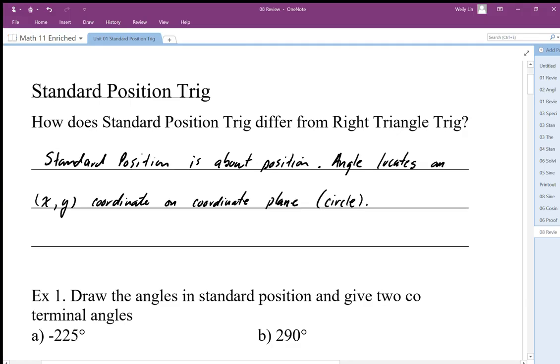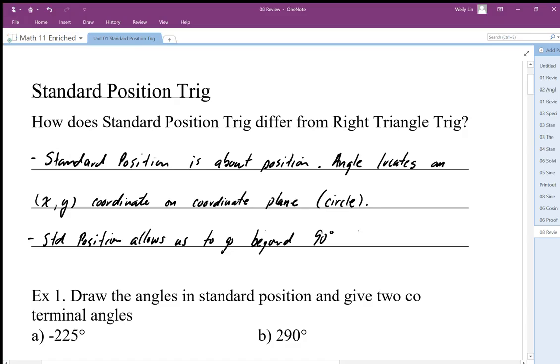The other part is that standard position allows us to go beyond 90 degrees. Okay?